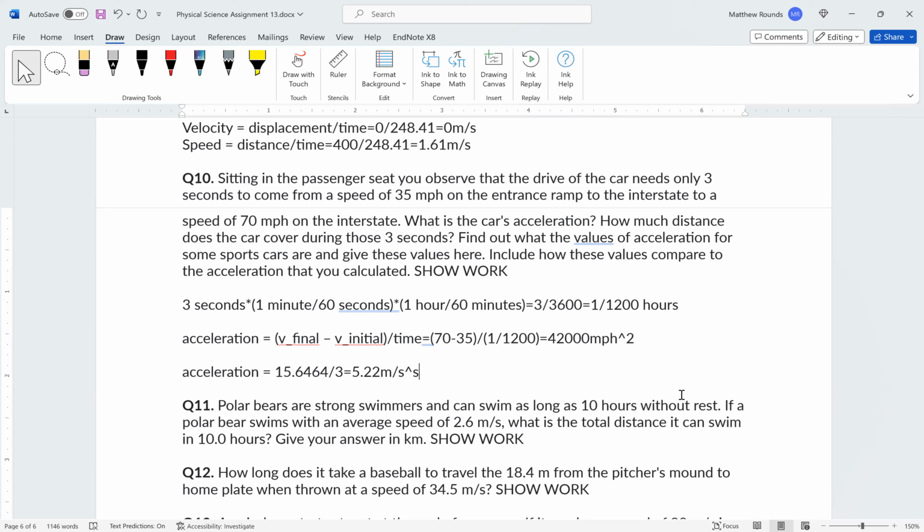Well, look up a BMW sports car and you should be able to find its acceleration. It says it takes like 3 seconds for a BMW to accelerate.